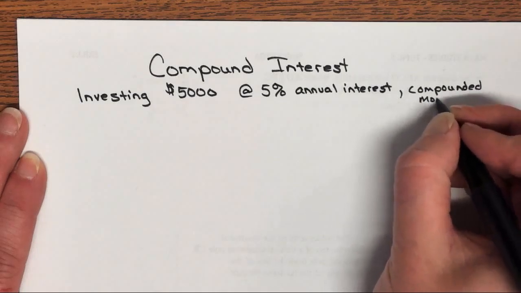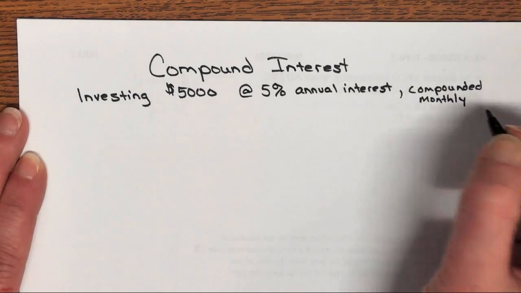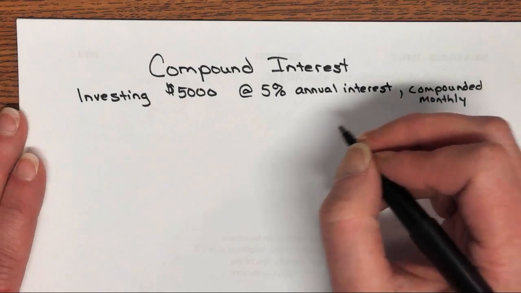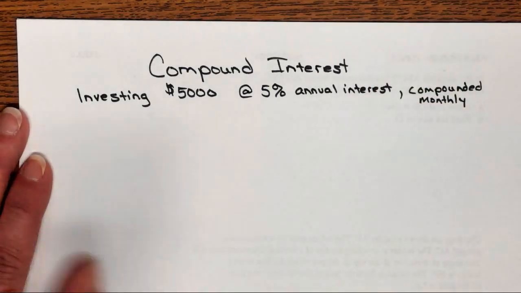What compounded means is that that's when they calculate your interest.